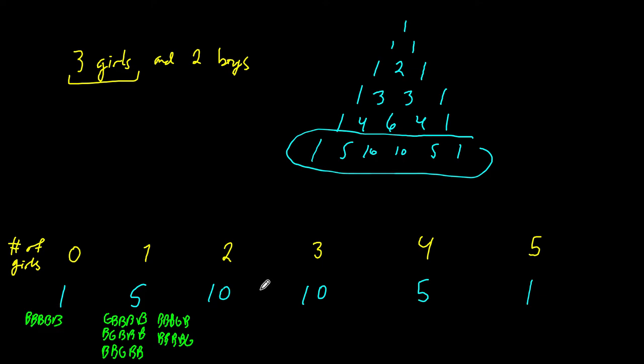Now, when you want 2 girls, there are 10 ways. I'm going to illustrate this. This is similar to the number 3, that it will give you 10 possible ways as well. For example, 2 girls could be the eldest, so girl, girl, boy, boy, boy. It could be that the eldest and the middle child are girls. It could be that the eldest and the fourth child are girls.